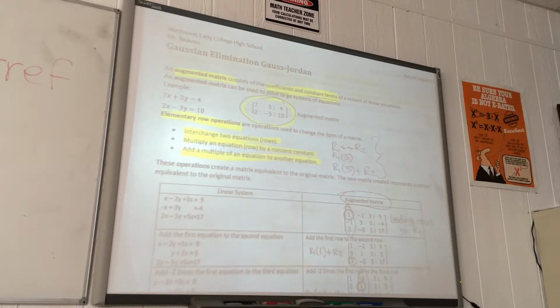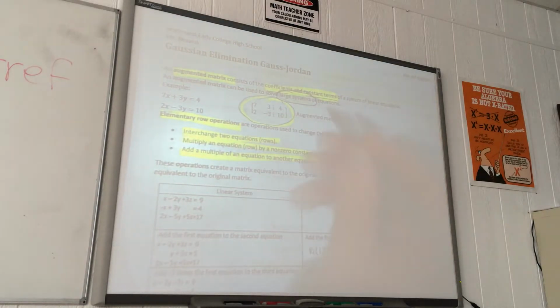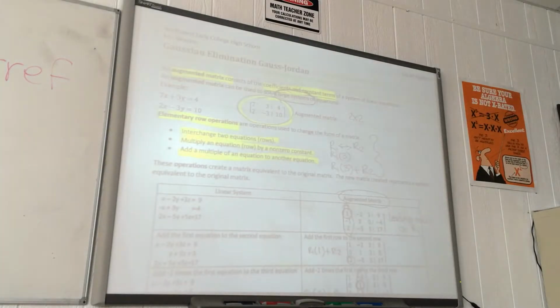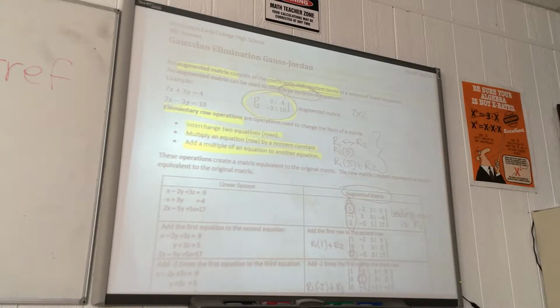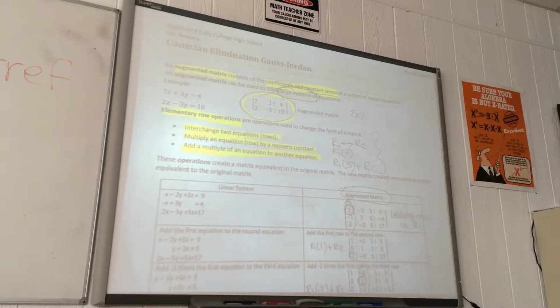All right. And when we say large systems, I mean, we're going to do a 2 by 2 by hand. 2 by 2 means 2 equations, 2 unknowns. I'm going to show you a 3 by 3. Not fully by hand, but I will tell you what type of operations.